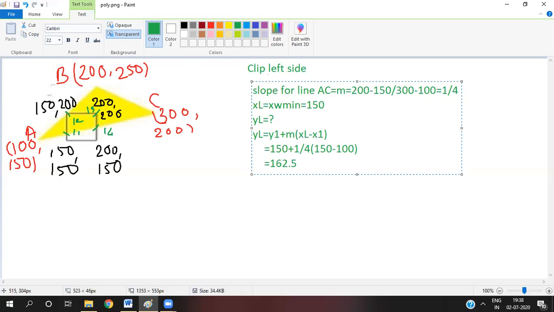Just calculate it, you will get the same value. 1 divided by 4 into 50 is 12.5. Add it to 150 and you will get 162.5.